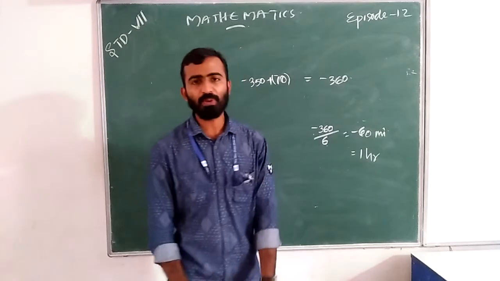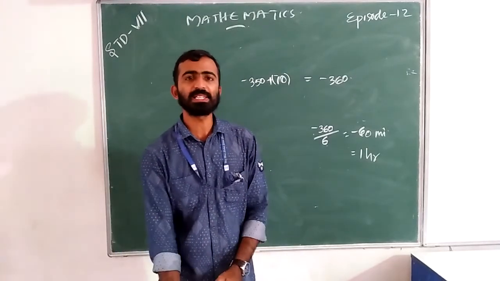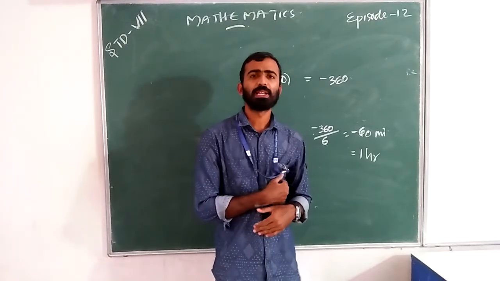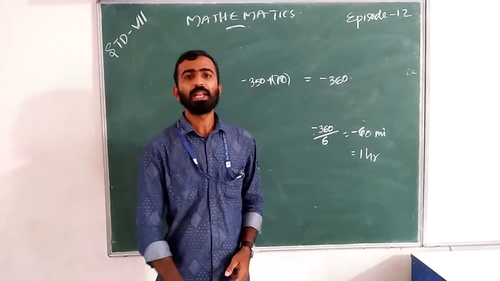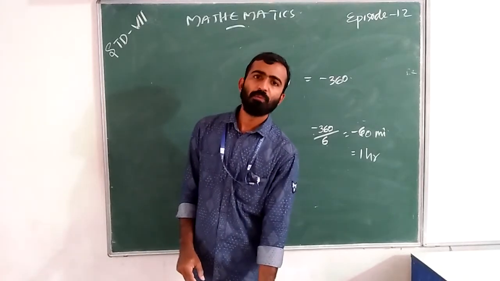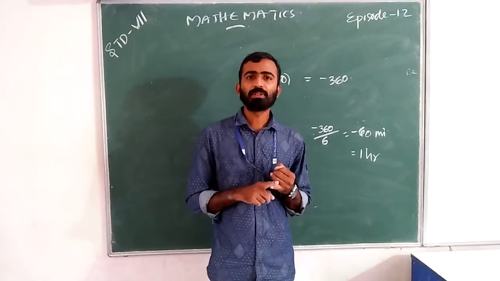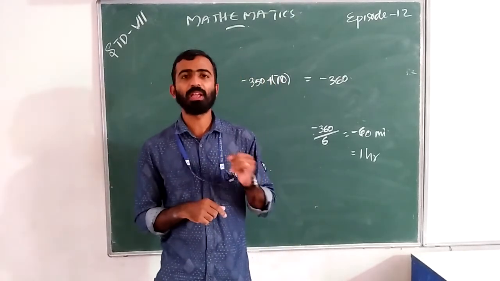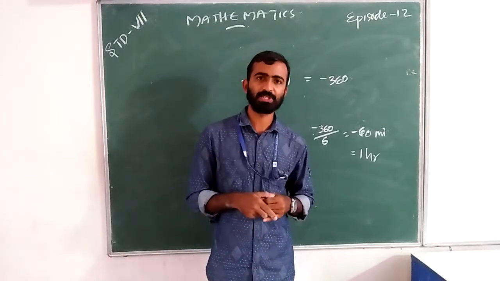In this chapter, we discussed integers. First we discussed the integers closure property. Closure property means when we add two integers we get an integer, so the closure property is satisfied.